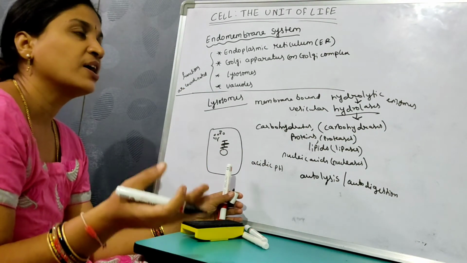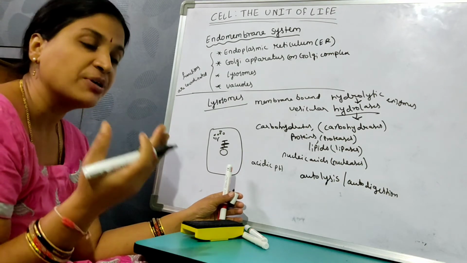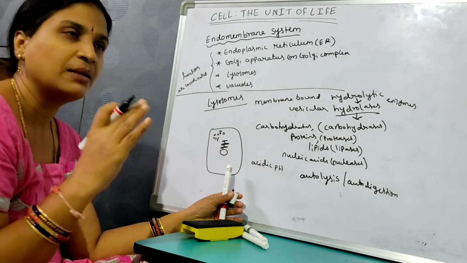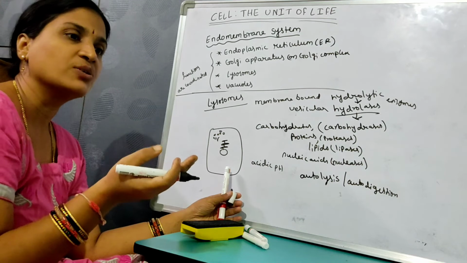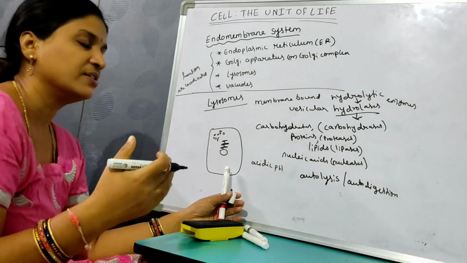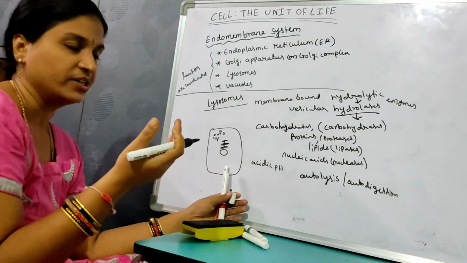Or suppose a cell organelle has become old, or that particular organelle is not working properly. That organelle comes near the lysosome, and the lysosome takes it up and digests that cell organelle.